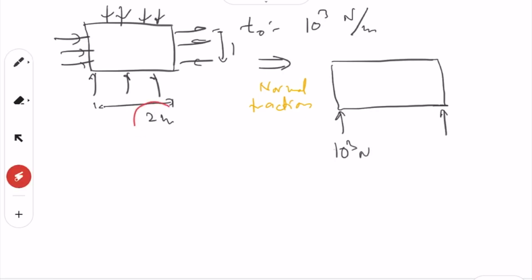So total is 2 times 10 to power 3 Newton, half will go here, so hence this is also 10 to power 3 Newton. Okay, similarly here, this one is 10 to power 3 Newton, 10 to power 3 Newton.